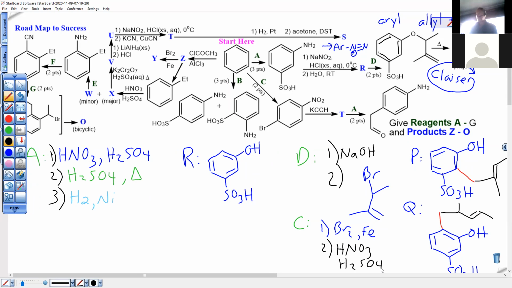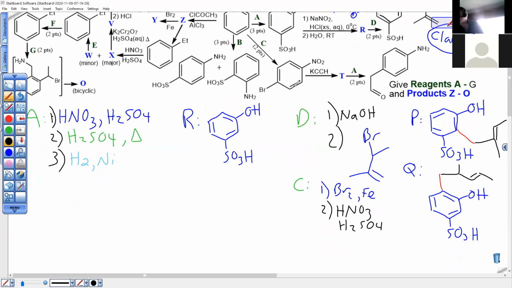Combination of nitric acid, sulfuric acid, that's C. And let's see, can we visualize the product here? Yep. And then I want to see what happens to, oh, this looks recent. I have a nitro group para to a carbon with a leaving group. I have a strong nucleophile. Acetylide is a strong nucleophile.